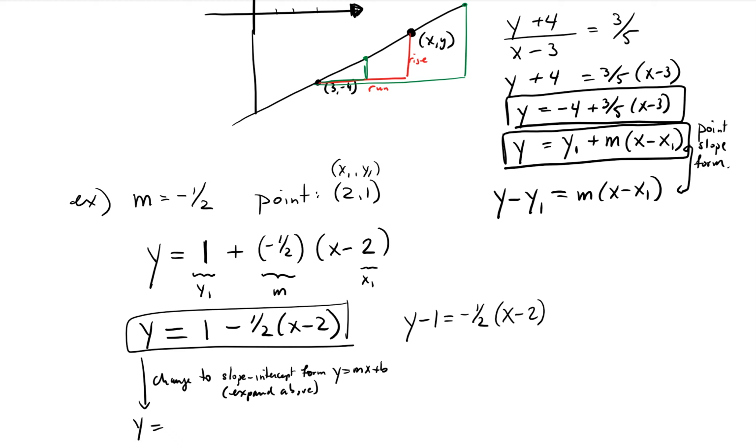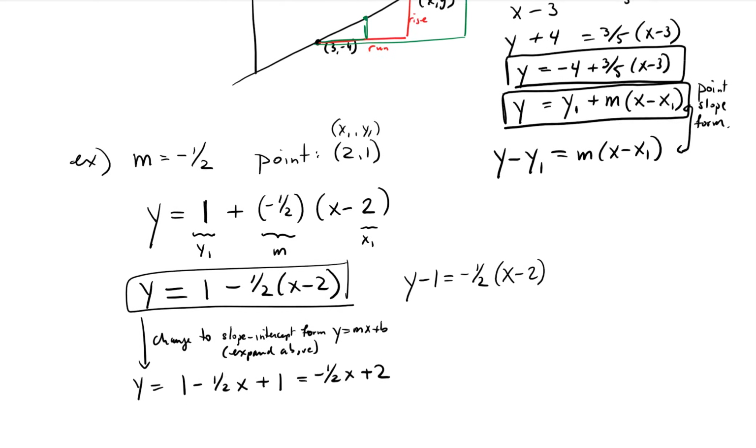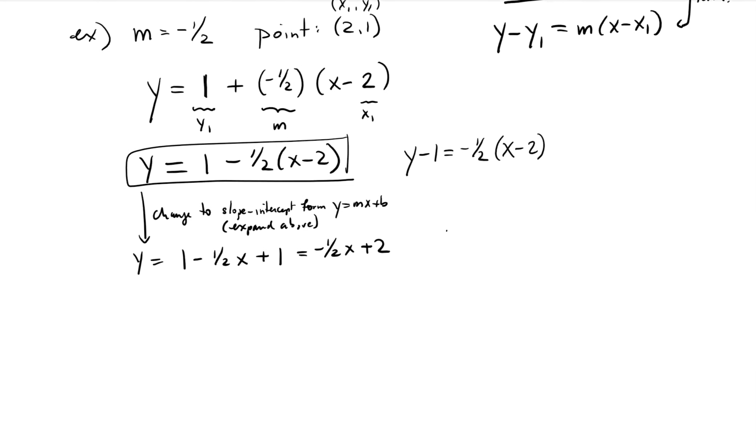If I expand it, it becomes 1 minus a half of x plus 1. So it becomes 2, or maybe I should write it like that, minus a half of x plus 2. So what I get from this is that my slope is minus a half. I knew that already. But I get that the y-intercept is (0, 2).